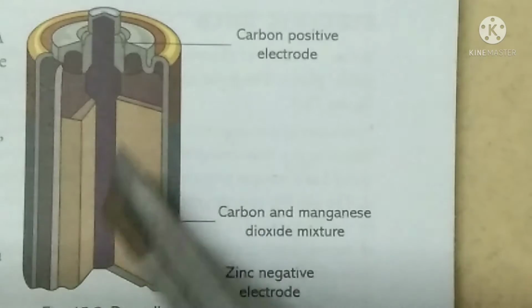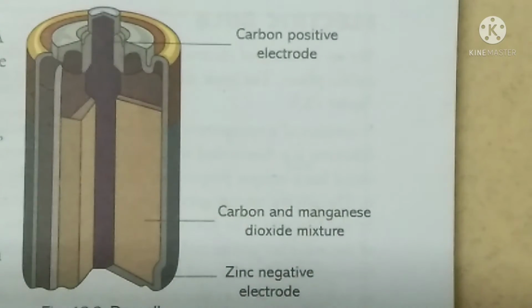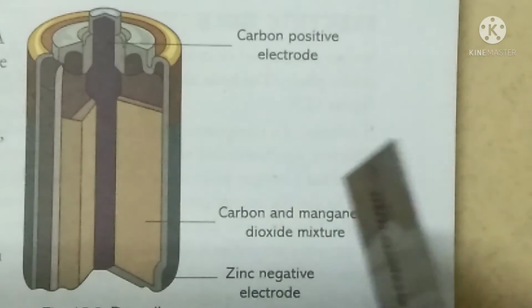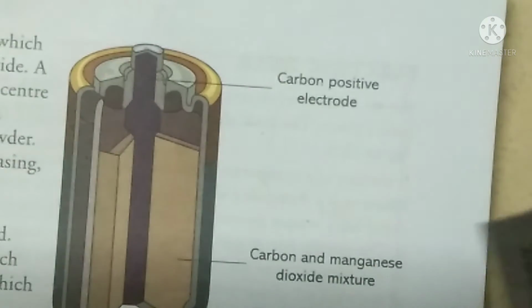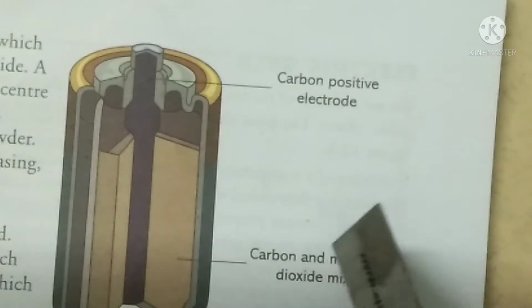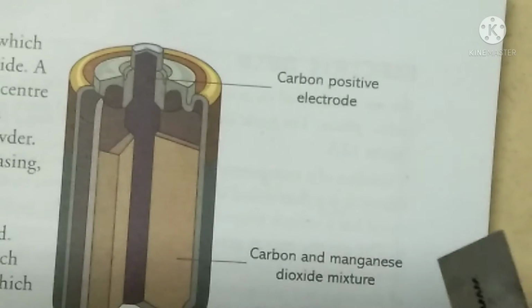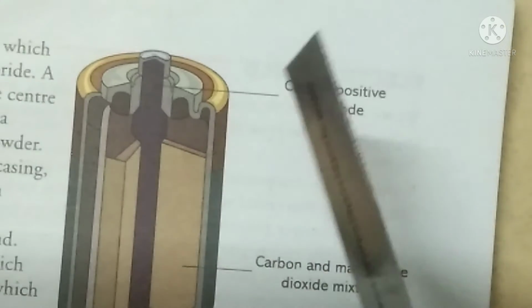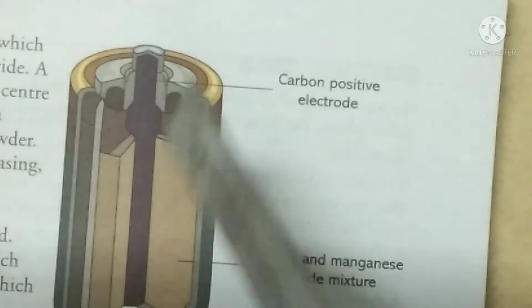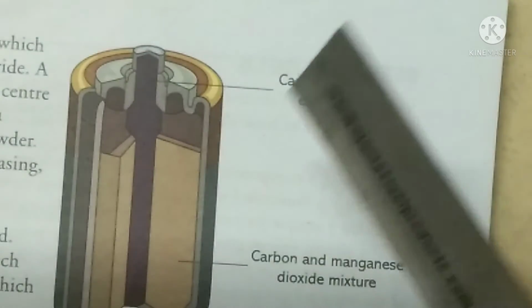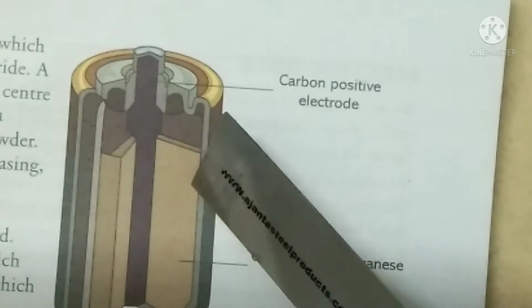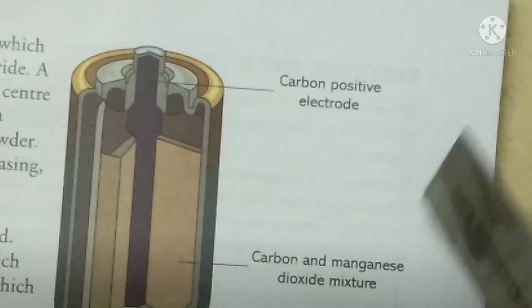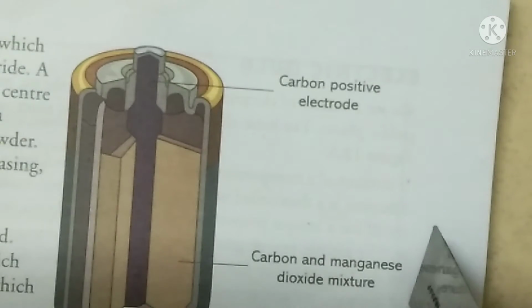A carbon rod, which is the positive electrode, and a zinc negative electrode, and a mixture of carbon and manganese dioxide. And then there will be a layer of ammonium chloride paste. So these are the chemicals which are used in this: ammonium chloride.